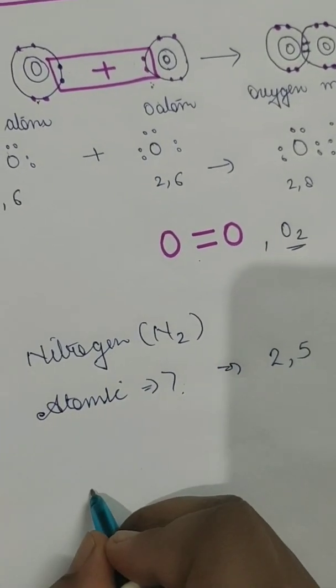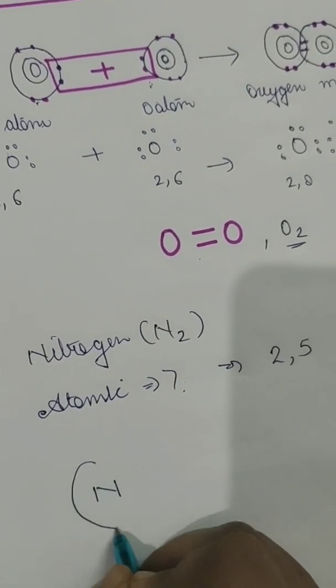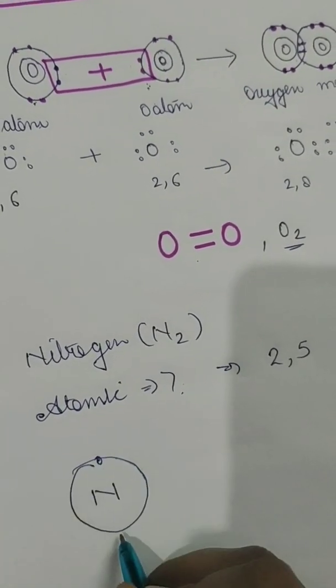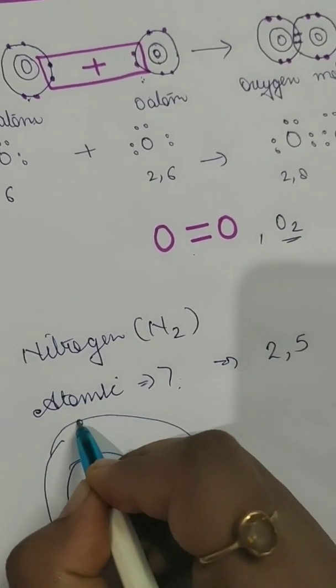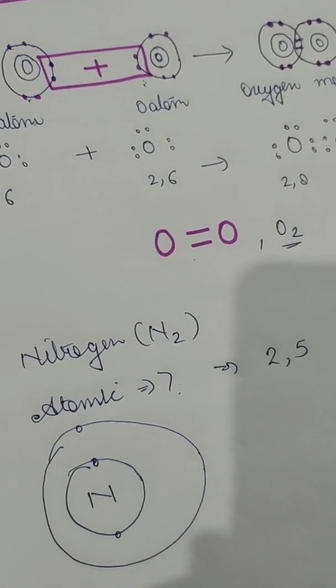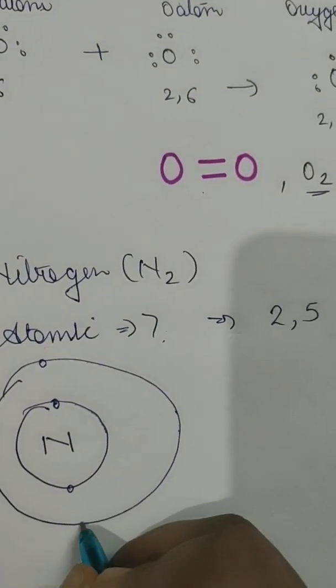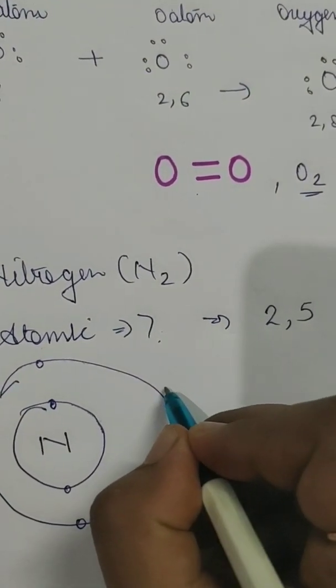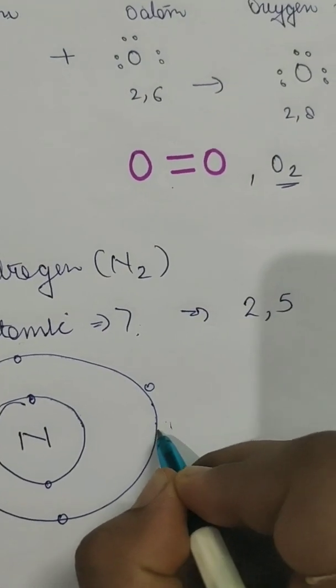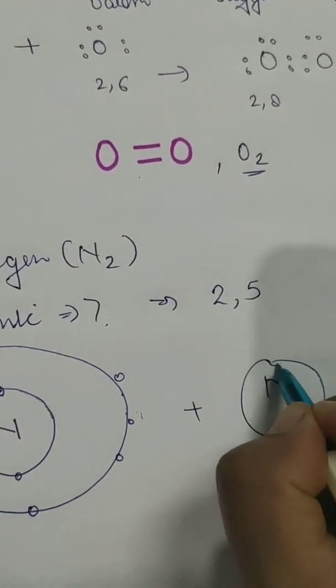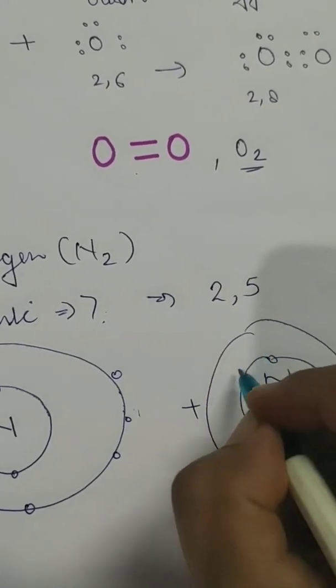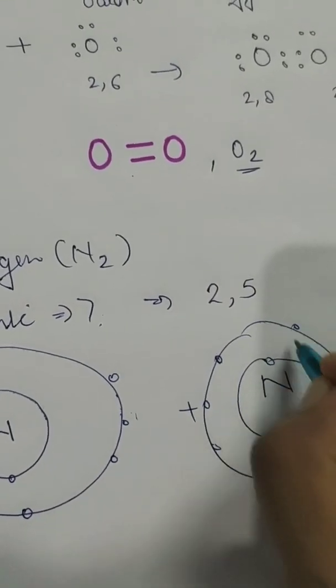That means the nitrogen has 5 electrons in its outermost shell, 2 here and 1, 2 and 3 here, plus the other nitrogen is also having 5 electrons, 1, 2, 3 and 2 here.